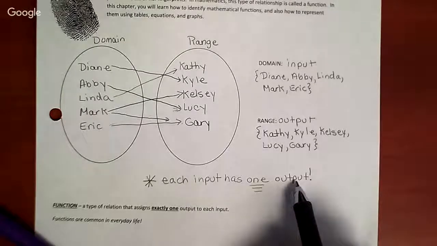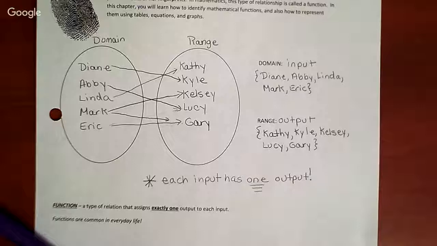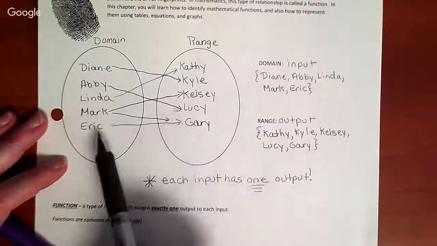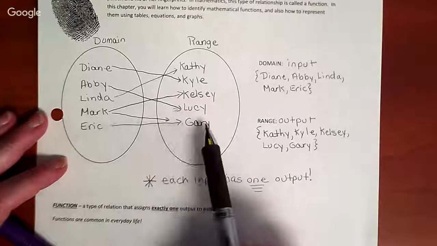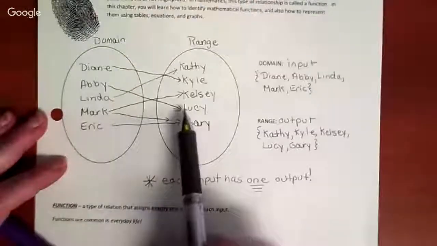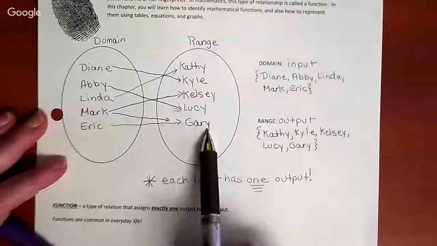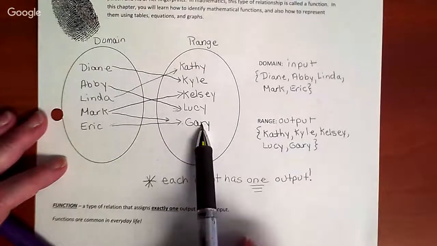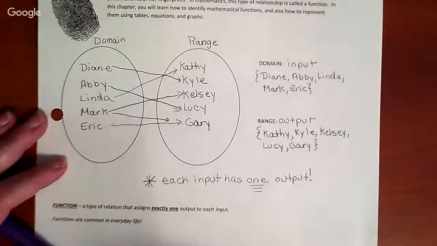So we need to have one input to one output. But if I had Eric going to Lucy and Gary, that is one input to two outputs, and that is no longer a function. So please remember that.